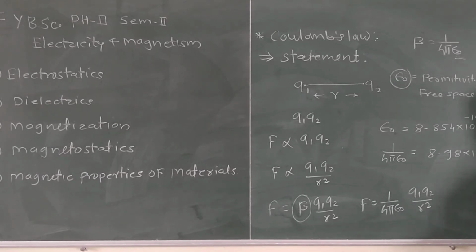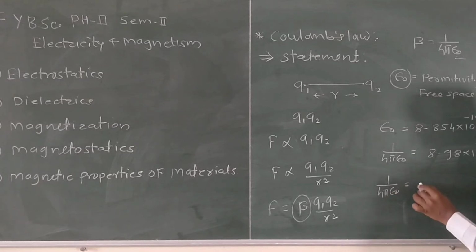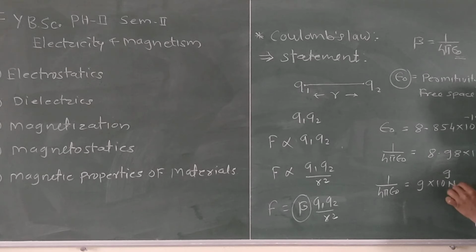So totally we write here this 1 upon 4 pi epsilon naught equal to 9 into 10 raised to 9 Newton meter square per Coulomb square.